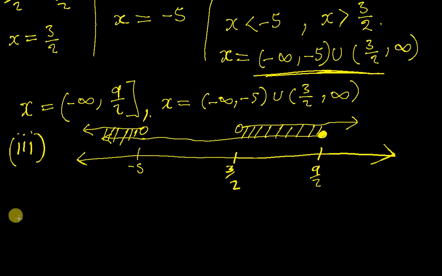So for part 3, the solution is gotten from this real line. From -5 going this side, the line is shaded.